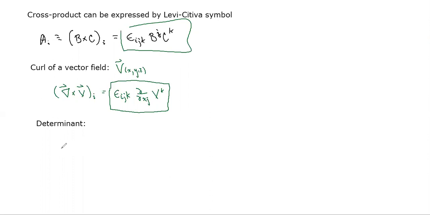And then finally, the determinant of a matrix can be expressed with the Levi-Civita symbol. And this is kind of neat because what sort of mathematical object is a determinant, and what sort of mathematical object is a matrix? Oh, the matrix is a rank 2 tensor in this case. If the matrix is a rank 2 tensor, what sort of mathematical object should the determinant be?